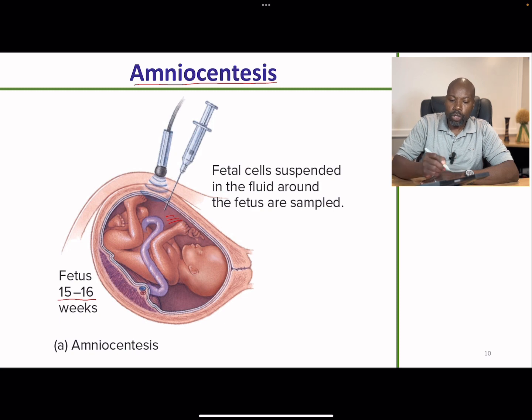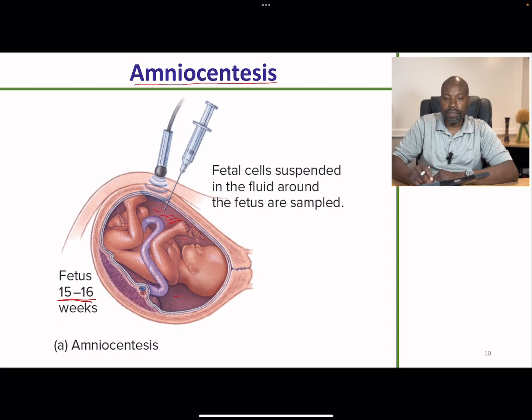Some fetal cells are suspended in the amnios, and that fluid is sent to a lab. They do cell culture, and from these cells, they extract DNA so that they can analyze chromosomes. Again, this happens between weeks 15 and 16 of pregnancy.